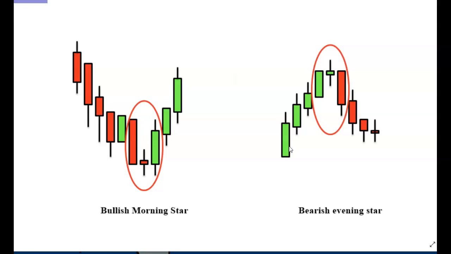And the morning usually happens during the day, which to me, the way that I would remember it is the morning is up. So the bearish is up and the bullish morning star is down. I don't know why it's that way, but this is just the way that it is. So the morning star is at the bottom and the bearish evening star is at the top. So always, whatever you know it to be, flip it. Whatever you know it to be, remember it is the opposite.